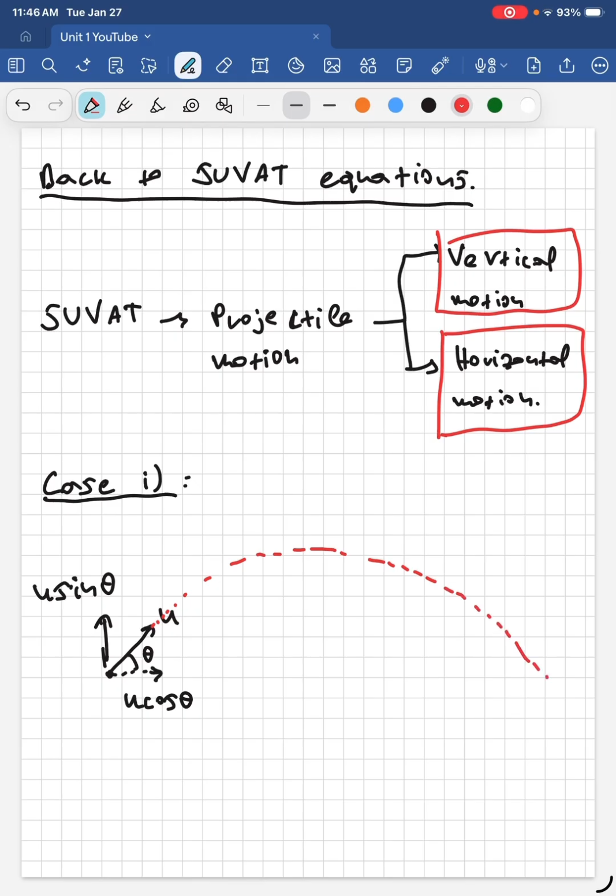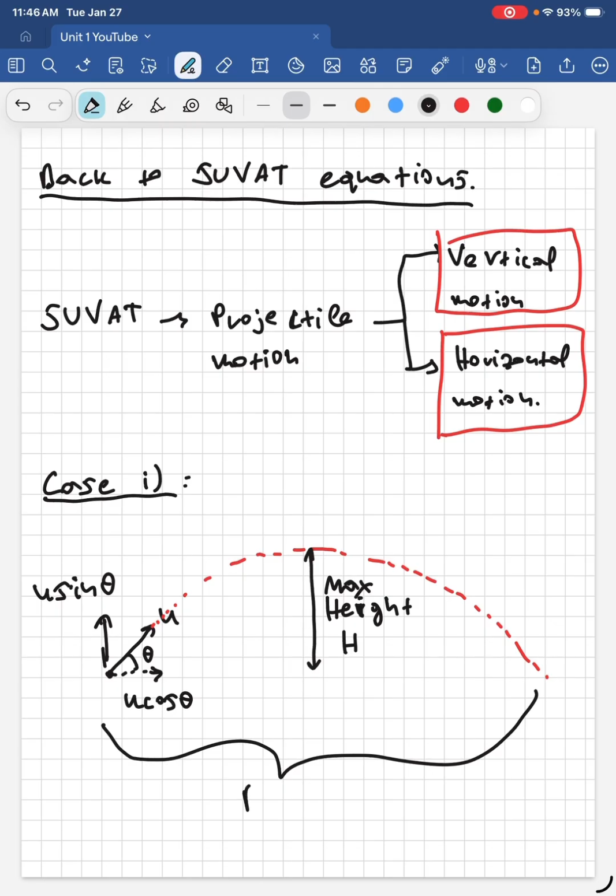In the most general case, this is the maximum height achieved, let's call it h. Another important quantity that needs to be determined in various problems is the range, so how far it will travel in the x direction.